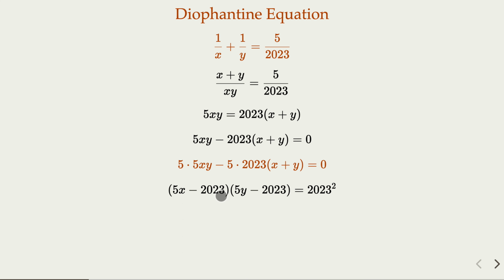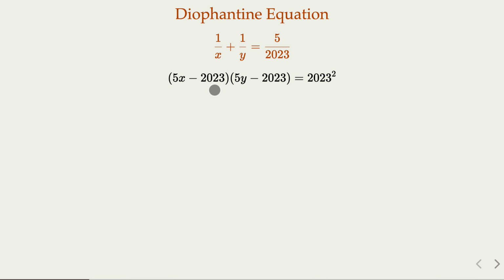All right. So let's examine this equation here. I have two integers whose product equals this integer squared. And of course, you already know the prime factorization for 2023, right? Let's write it out. Now let's do some analysis here. Let's do some mod 5 analysis, right?